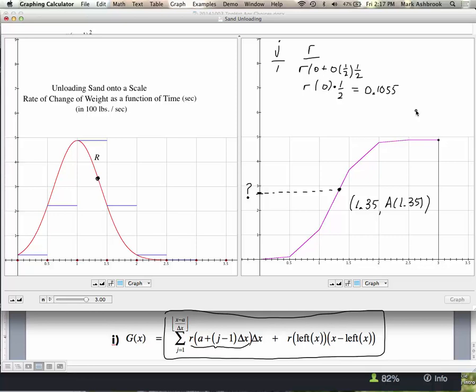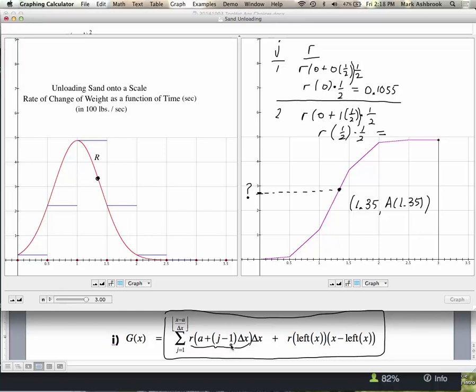Okay? J equals 2. When J equals 2, we're going to have R of 0 plus, what's J minus 1? 1 times 1/2 times 1/2. So it's going to be R of 1/2, or this step right here, R of 1/2 times 1/2, or 0.5. There are a couple of parentheses missing. Thank you. So A is 0 plus J minus 1.